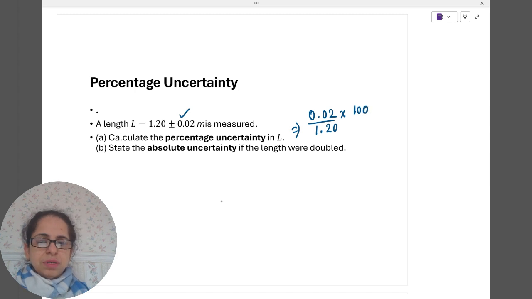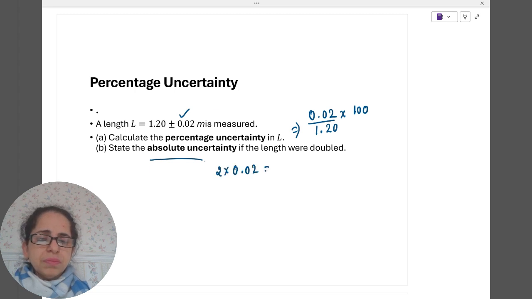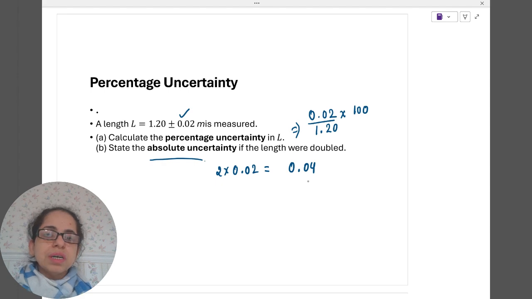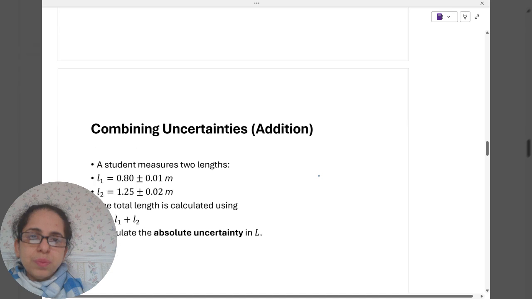That's the percentage uncertainty. What's the absolute uncertainty if the length is doubled? If you're doubling the length, the uncertainty would be doubled. So 2 times 0.02. Any kind of usage of that data would always increase the uncertainty in the reading.